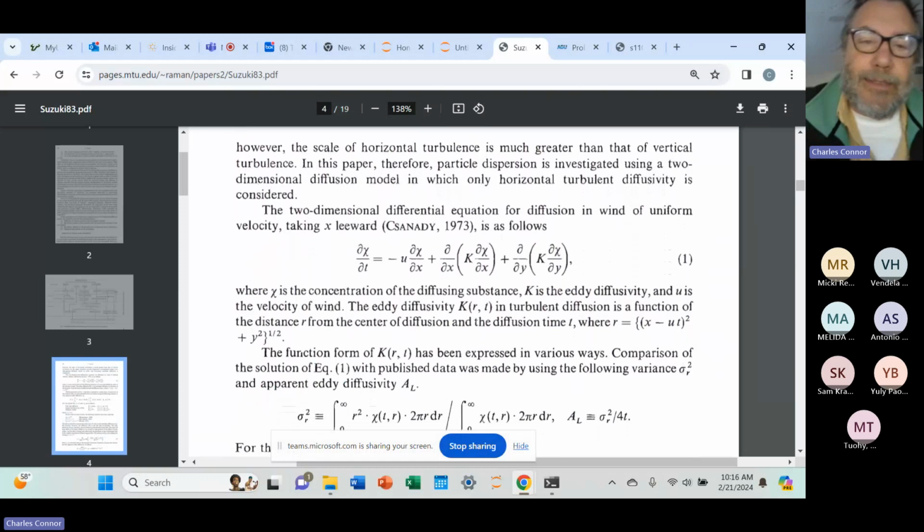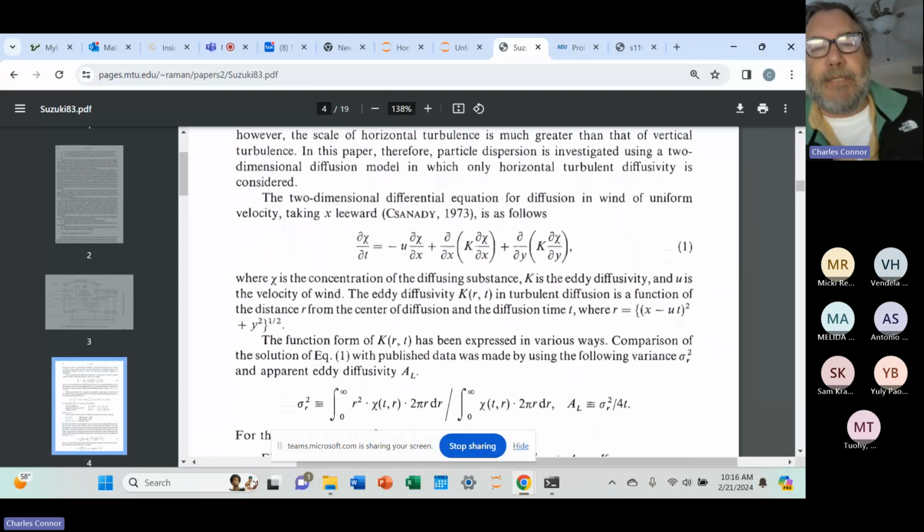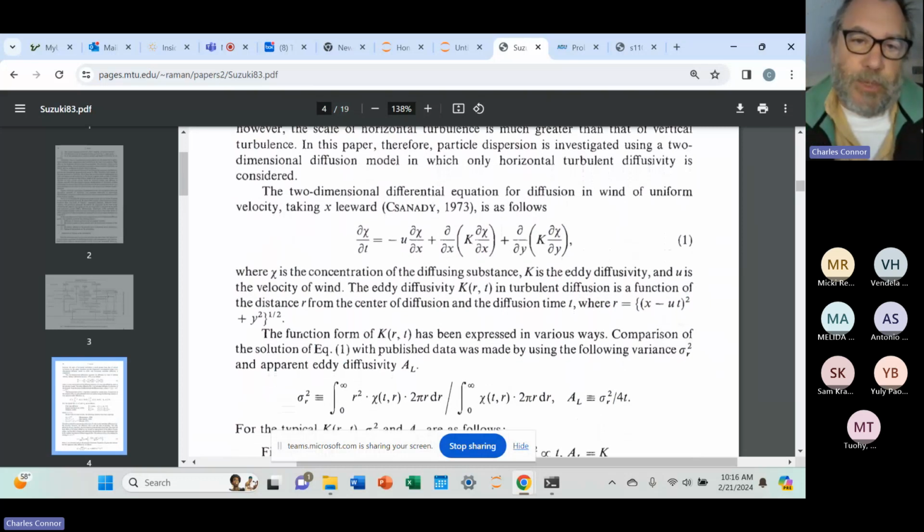And then another thing he did is he realized that he could apply the 2D advection diffusion equation. Sometimes it's called the convection advection equation, but we don't need to worry about that nomenclature. It's this partial differential equation to explain the concentration of Tephra as a function of time and distance away from the volcano.